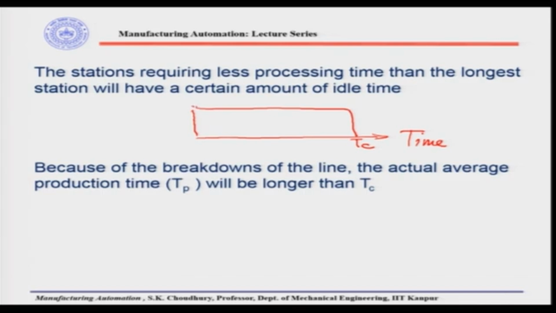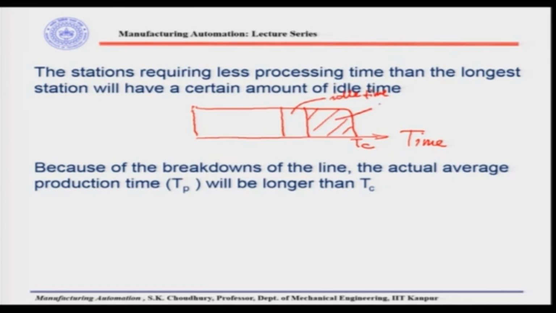Okay. Now, in this we have, let us say, this much is the time which is taken for transferring the parts, and this is the time which is taken for the processing time for the longest workstation. That means, the processing time for the machine which will take the longest processing time. Now, those machines which will need less time than the longest processing time, it needs some idle time. So, this is the idle time. Okay.